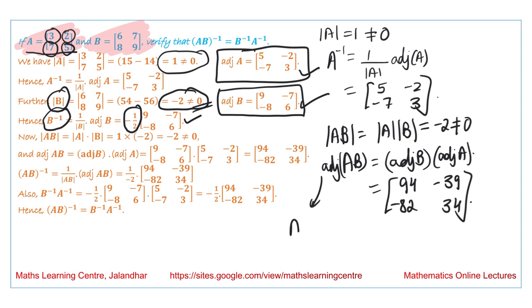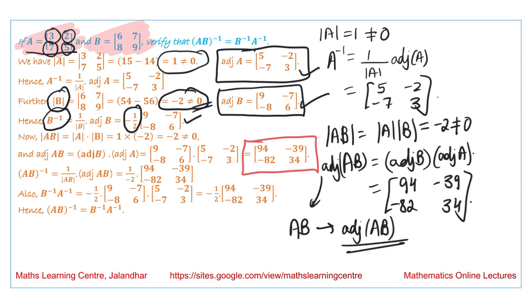Otherwise, you have to calculate A into B, and then you have to calculate adjoint of AB. So it is up to you how you want to calculate adjoint of AB. So when we multiply these values, we obtain the answer in this form, this is the value of adjoint of AB. Now we have to verify that (AB) inverse is equal to B inverse into A inverse.